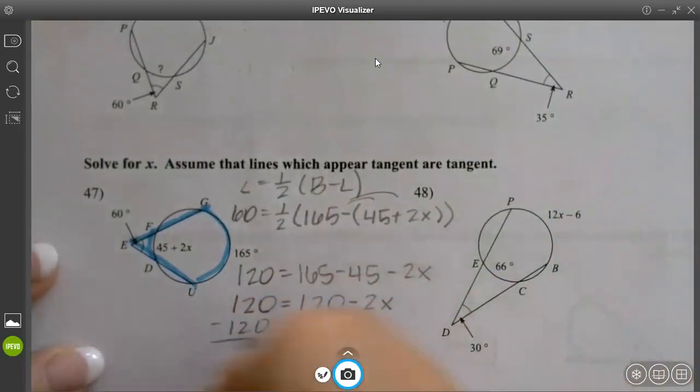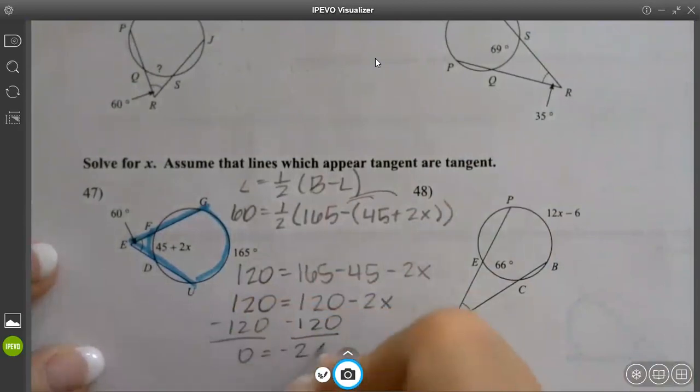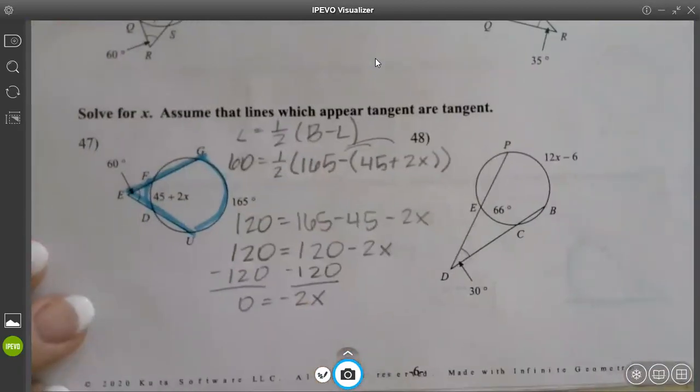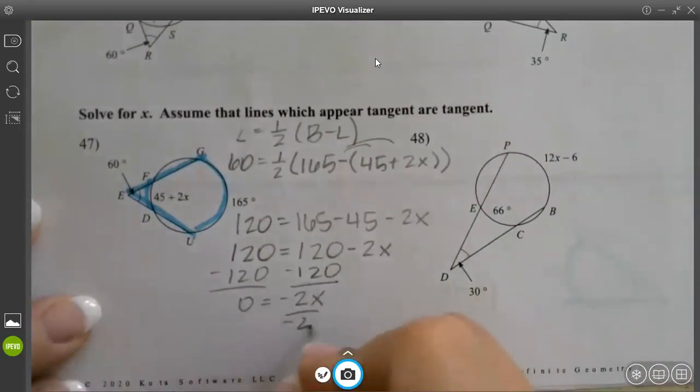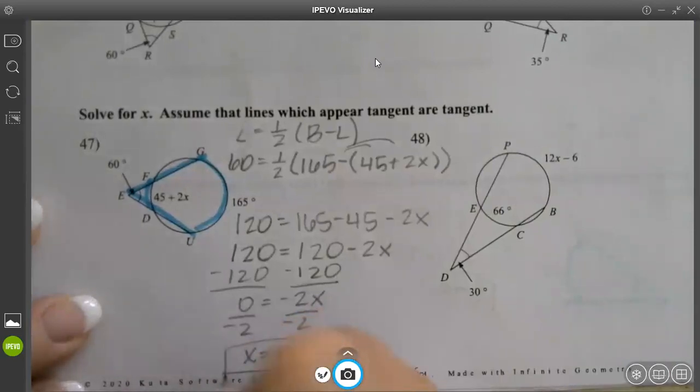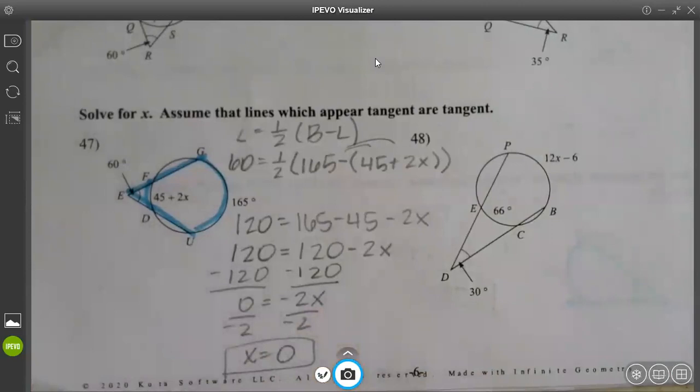After not doing math for a while, some people forget this, that this problem still continues. My math 1 will stop right here every single time. We still need to divide by -2. And we get that x is 0. 48 is the exact same way.